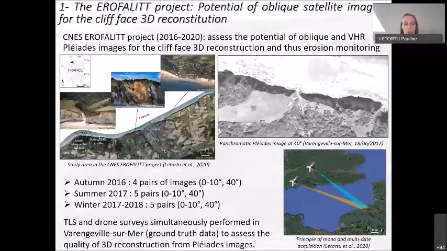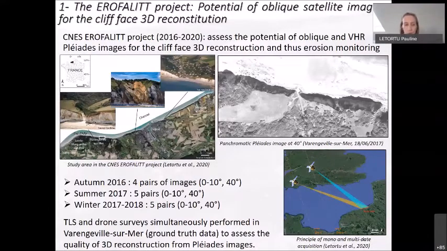With the financial support of the CNES, the French Space Agency, I coordinated the Aerophalid project to assess the potential of oblique and very high resolution Pleiades images for the cliff face 3D reconstruction and thus erosion monitoring.